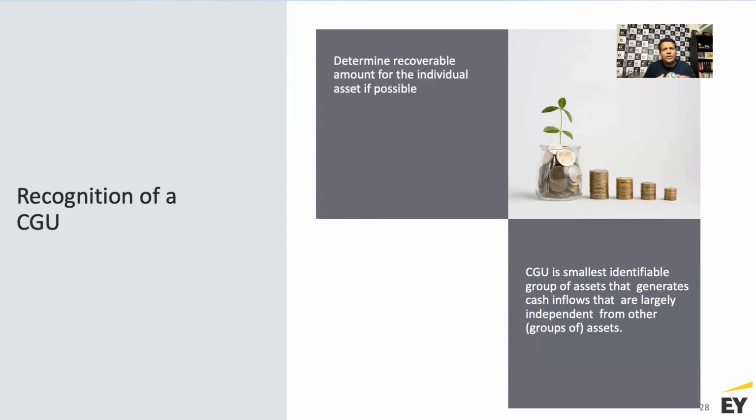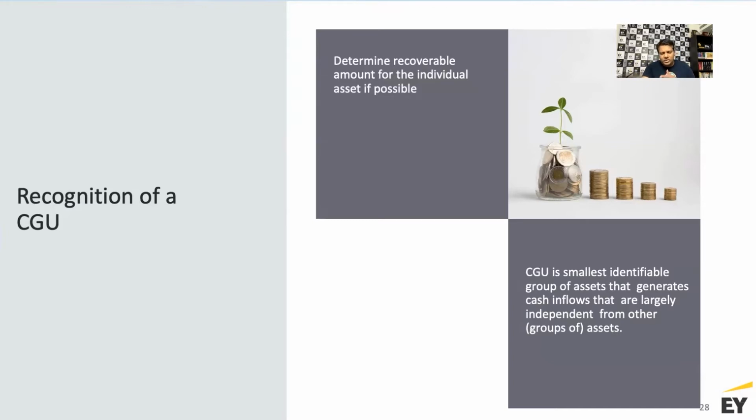But ordinarily, that's not the case. That's not the case is what we see in practice. Then what does it mean? You've got to look at a group of assets which, when they come together, are capable of generating a set of cash flows. Then that is where you've got to determine the recoverable amount, and recoverable amount is the higher of fair value less cost to sell or value in use, right?